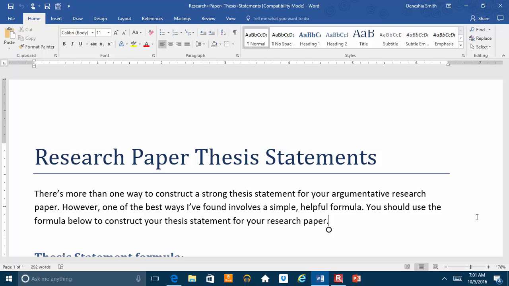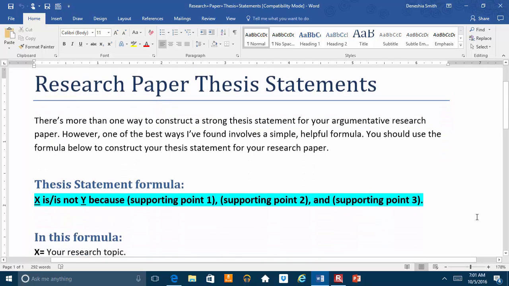Your reader needs to understand your position and your three strongest reasons, your three most credible pieces of evidence for why your position is the best one. Remember, you're trying to persuade your audience with this essay, and a good thesis statement is at the heart of that. This formula will make your lives so much easier.